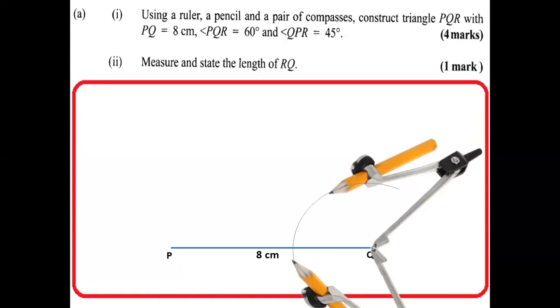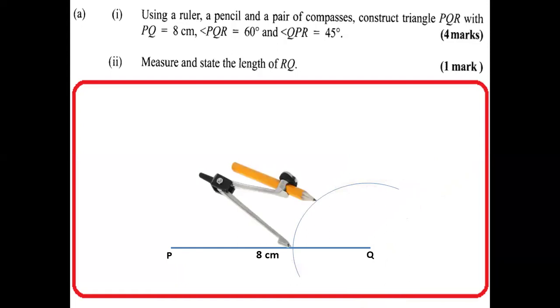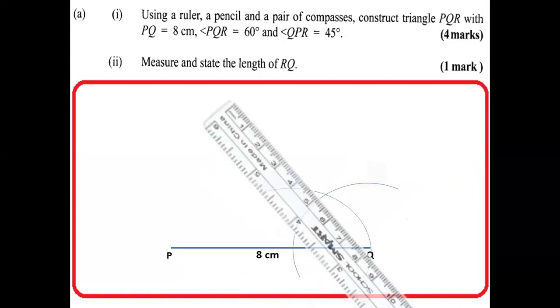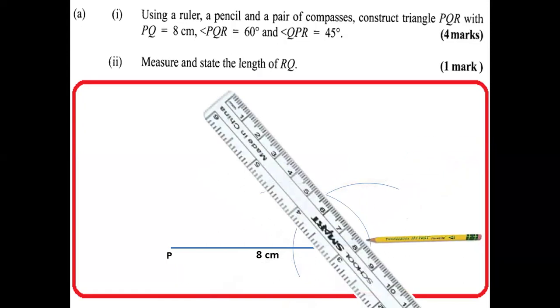When we swing and cut that line, then we're going to put the compass at the point where the arc cuts the line and make a swing again and cut that arc, the one that we made first. From there, what we're going to do is just draw a line from point Q going to the point where the arcs meet.